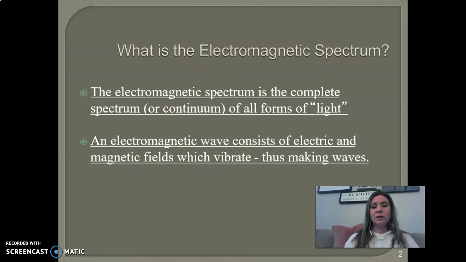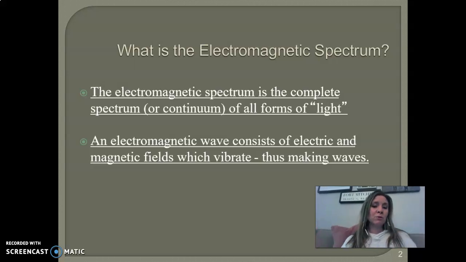The electromagnetic waves consist of electric and magnetic waves. The title of it should give it away too: they are electrically charged particles. And when they are electrically charged, they're oscillating and vibrating and creating a magnetic field. Some of them are going to have really high magnetic fields, gamma rays.